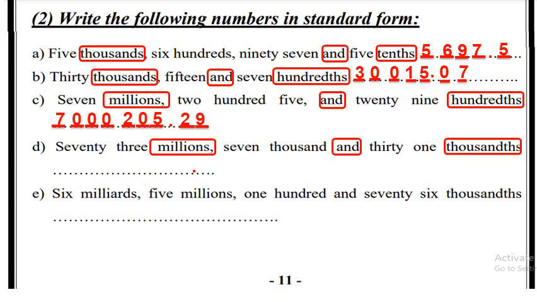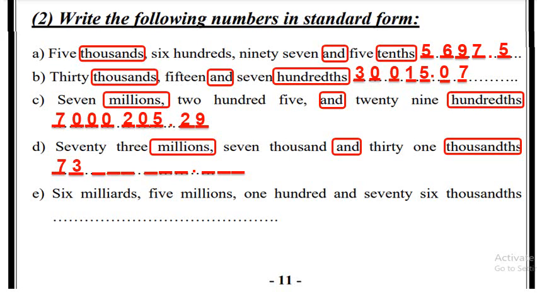But here we have 73 million, so we will put the dashes till we reach 10 million. I have ones, tens, 100, 1,000, 10,000, 100,000, million, and 10 million. In the decimal part, we have thousandths, so put 3 dashes. And now 73 million, so we will put 73 in the million place.